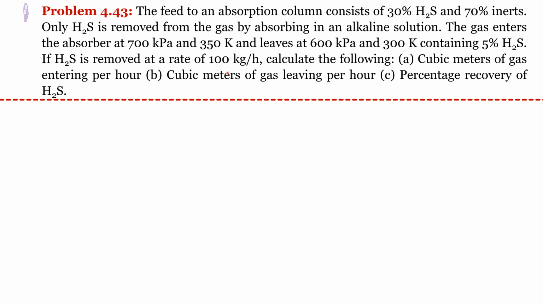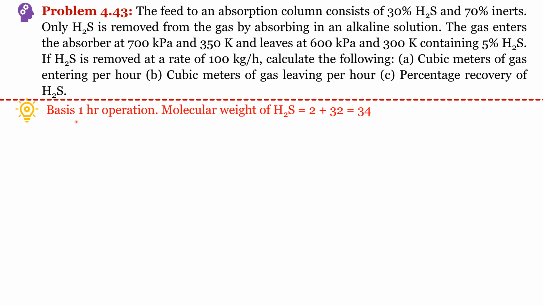So we can assume 1 hour is our basis, and during this basis we can do the mole balance. So we are assuming that our basis is 1 hour of operation, and we can write the molecular weight of H2S. It will come out as 34.